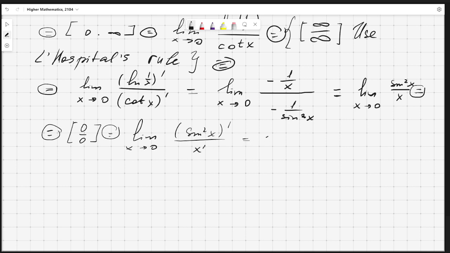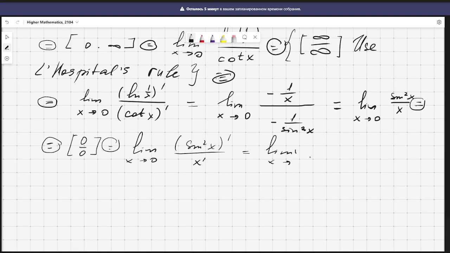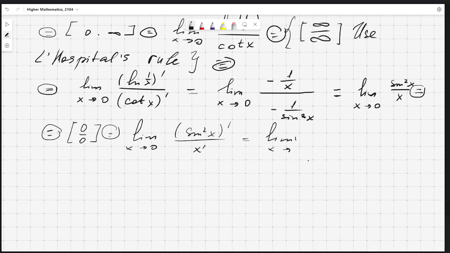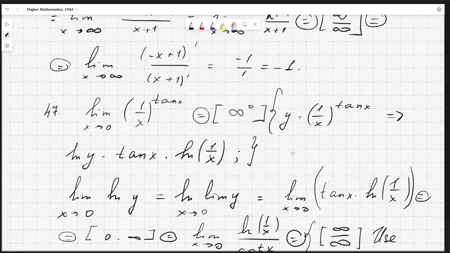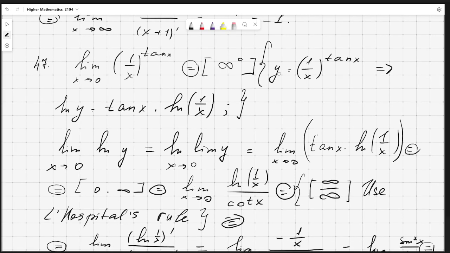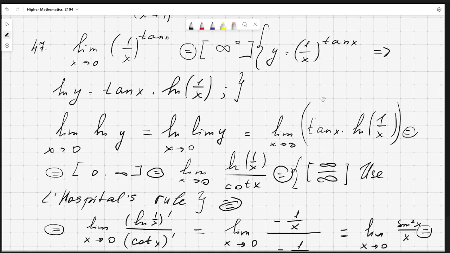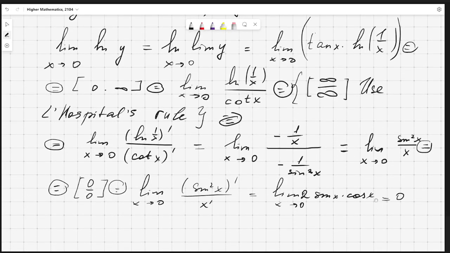And we will have limit as x approaches 0 of 2 times sine of x times cosine of x. It means 0. We have that natural logarithm of limit y is 0.